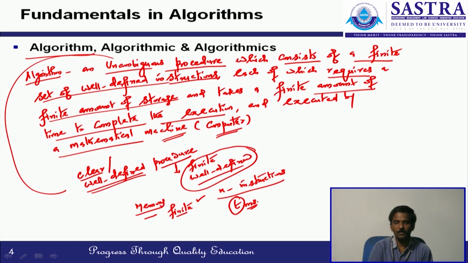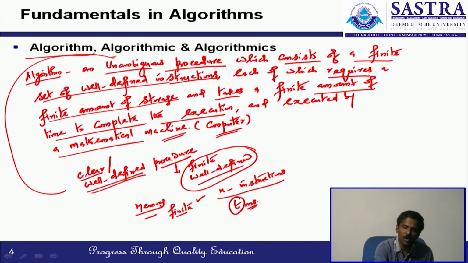So algorithm is an unambiguous, clear, well-defined procedure which consists of a finite set of well-defined instructions, each of which requires a finite amount of storage and takes a finite amount of computational time to complete the entire execution. And the complete well-defined instructions are executed by a mathematical machine.